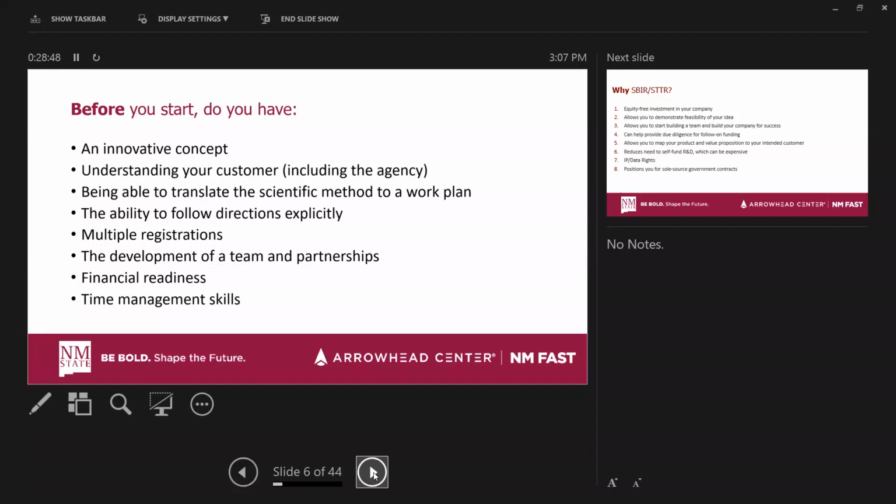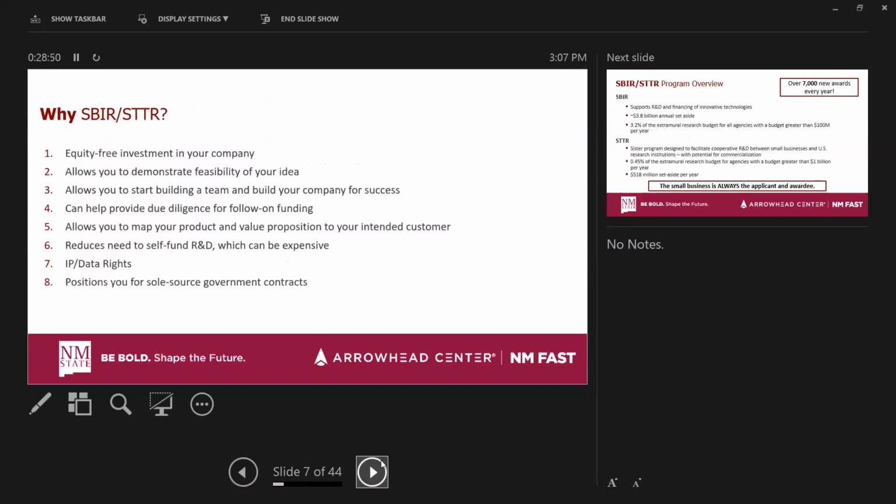So then, why consider SBIR funds? There are a lot of really good reasons to apply. The first is that it's equity-free investment in your company, so you do not have to pay those funds back to the government or give away any of your company.